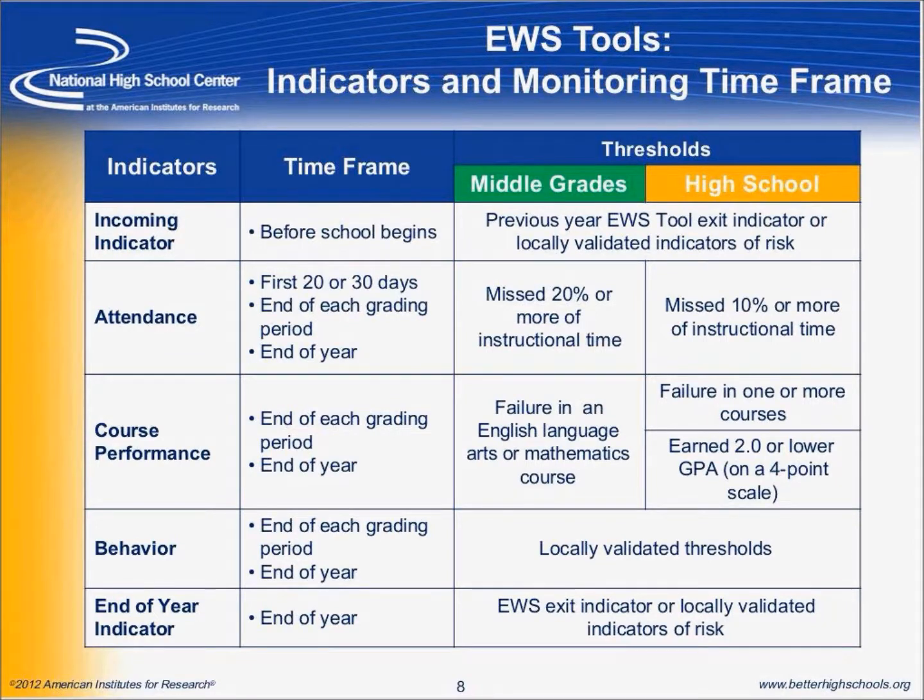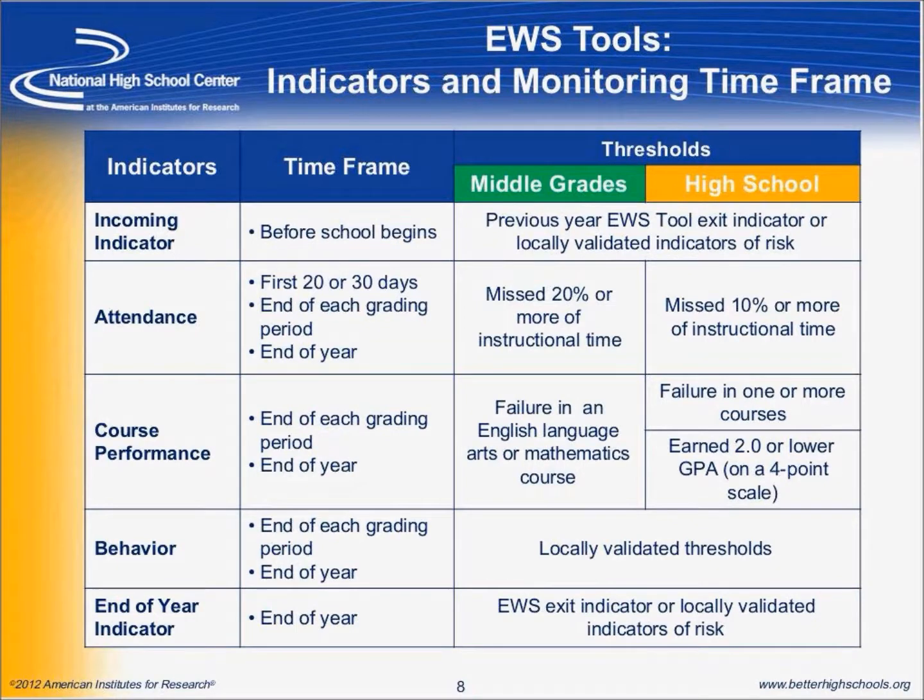So, briefly, the indicators include an incoming indicator, which is often locally defined and based on information from the student's prior year of schooling. An attendance indicator, which can be calculated as early as the first 20 days of school, and then at each grading period thereafter. A course performance indicator, which refers to student grades and particularly failing courses.